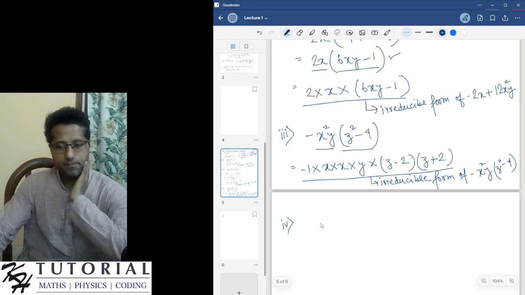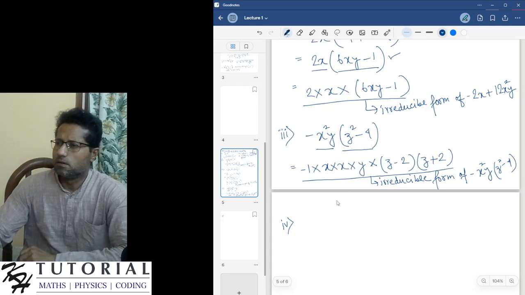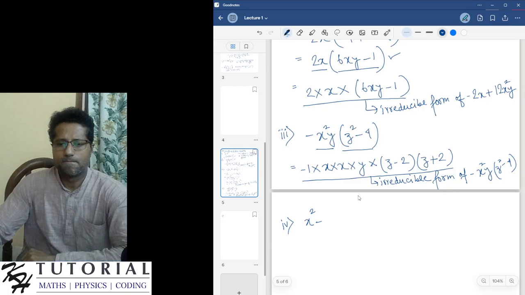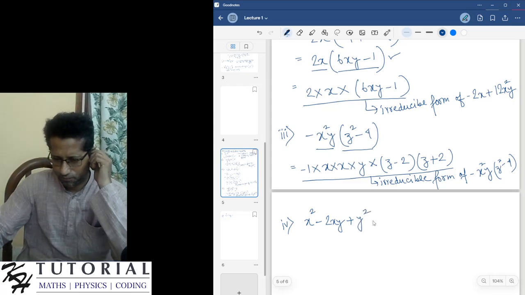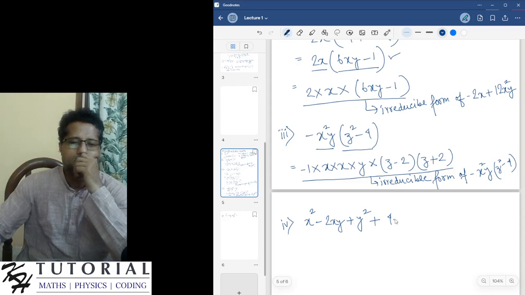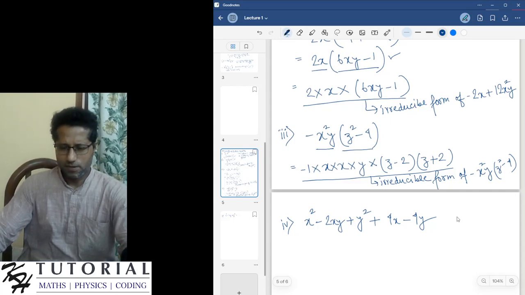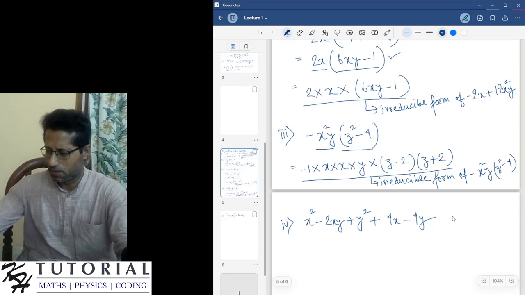So let's say we have an algebraic expression x square minus 2xy plus y square, plus 4x minus 4y. Given this algebraic expression, we are asked to express it in irreducible form.